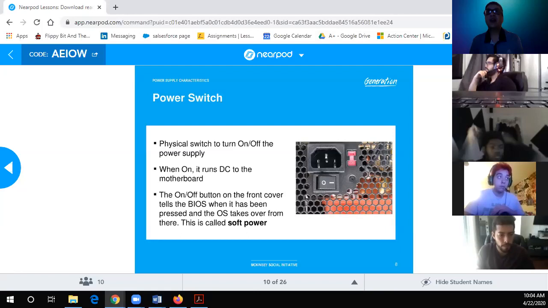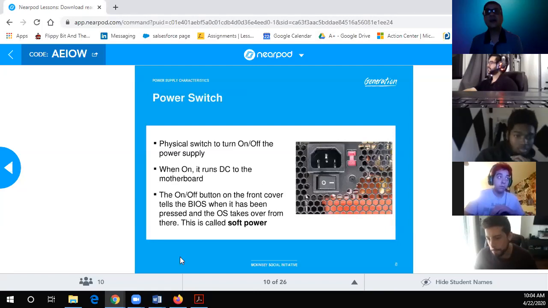The power switch itself, this is very simple, is zeros and ones as always. 0, you're off. 1 is on. It's always cute how they tend to push things into these things, no matter where you go, right? Obviously, when it's on, it runs DC to the motherboard. The power on and off on the front, not to be confused, is the one to tell it to turn on the physical computer.